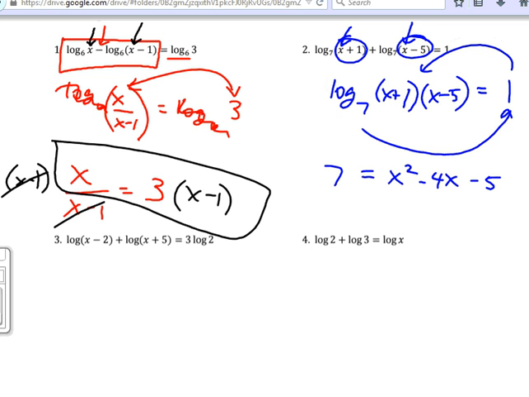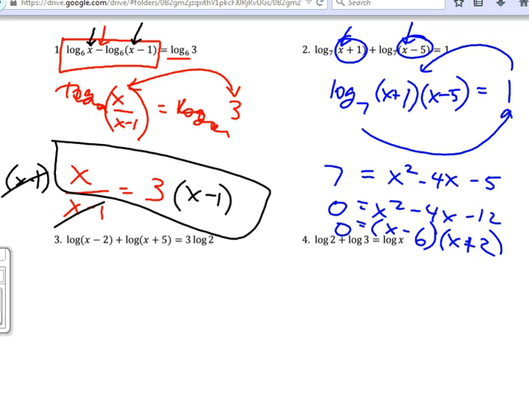Alright, so let's finish this. 0 equals x squared minus 4x minus 12, after subtracting 7, then that factors. x plus 4x plus 3, no, that's not it. Outside and inside aren't making negative 4. Help me out. 6 and 2? Is it minus 6 and plus 2? Awesome.